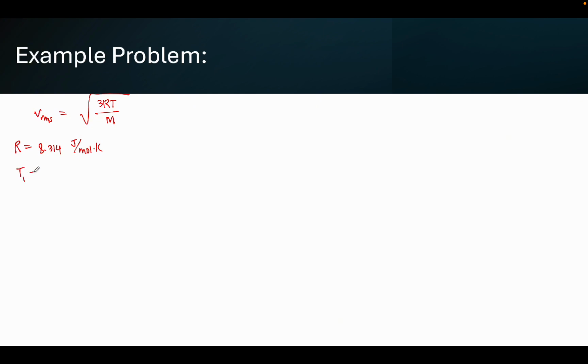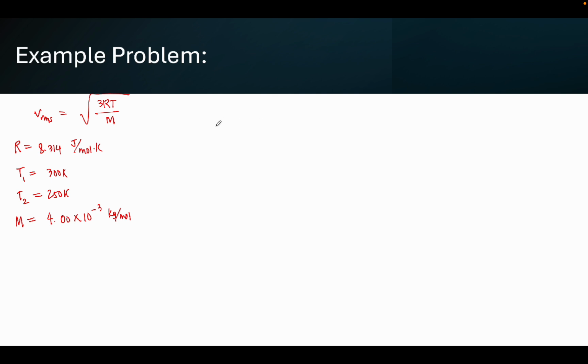We have two temperatures. Our T1 is at 300 K. Our T2 is 250 kelvins. And the molar mass of helium is 4 times 10 to the power of negative 3 kilogram per mole. So again, this is for helium.